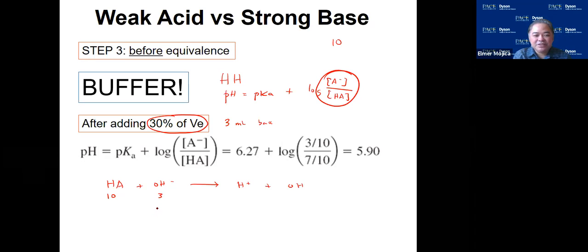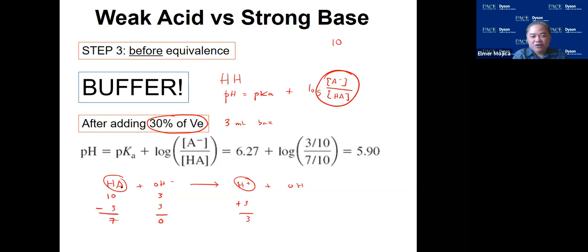So what happened to this? Okay. At the end, you subtract this one with 3, you subtract this with 3, and you form plus 3 here. So this will become 7, none, and this become 3. And remember, we are looking at H plus and HA.